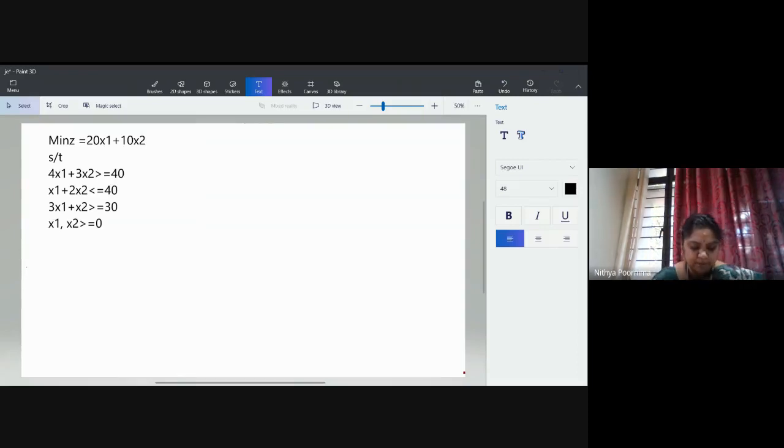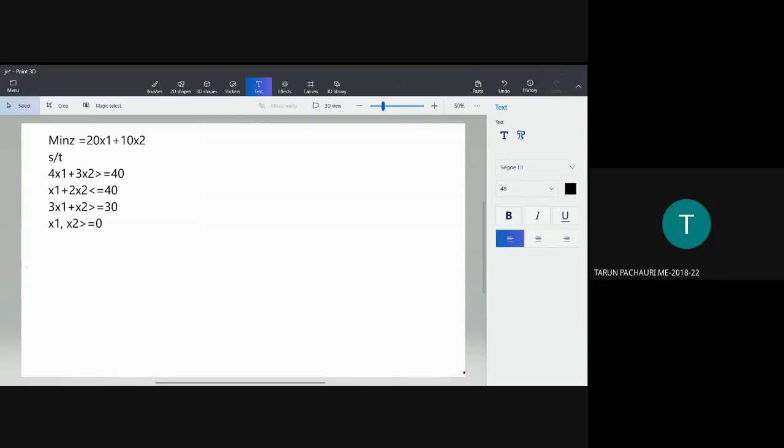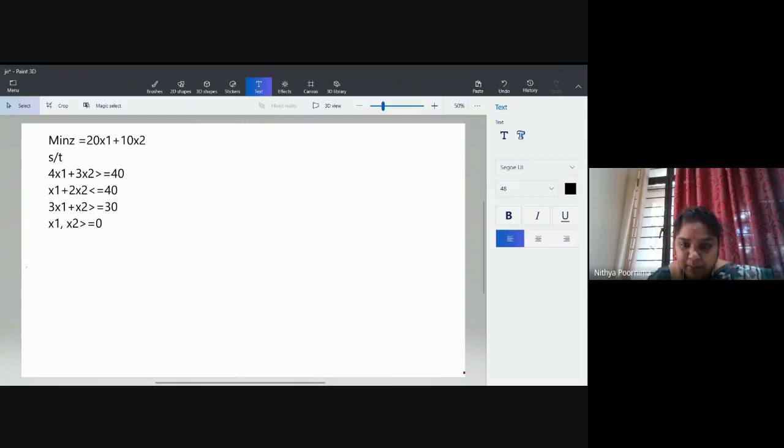What is the first step while we are solving the graphical method? Am I audible, boys? There is a lag. Defining the variable. What is it, Tarun?